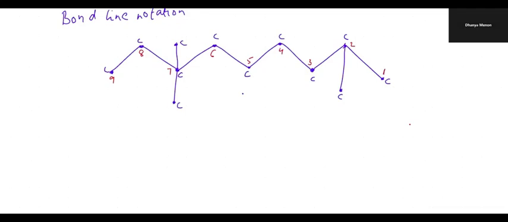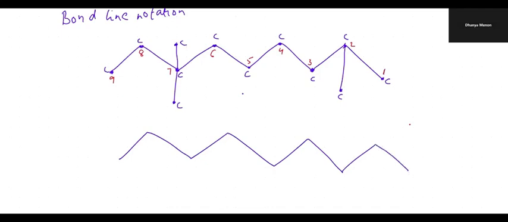So 1, 2, so I can also number it from here. 1, 2, 3, 4, 5, 6, 7, 8, 9. Both of them are giving me a long chain.